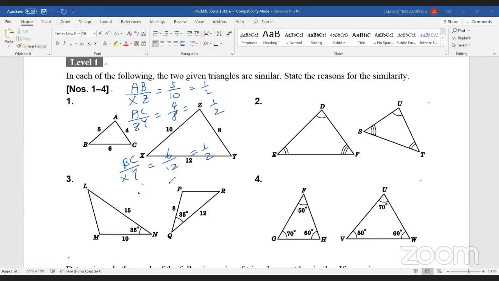And then write down, therefore, triangle ABC similar to triangle CXY, and then three sides proportional. This is what you need to write when you sit for your DSE exam.